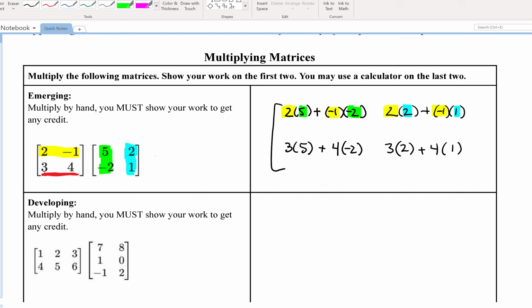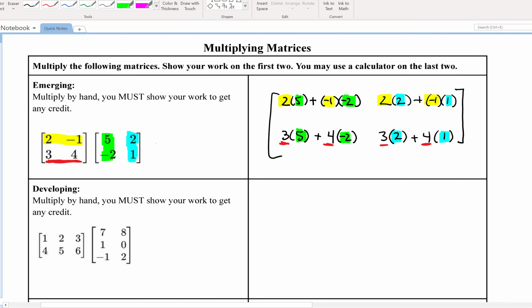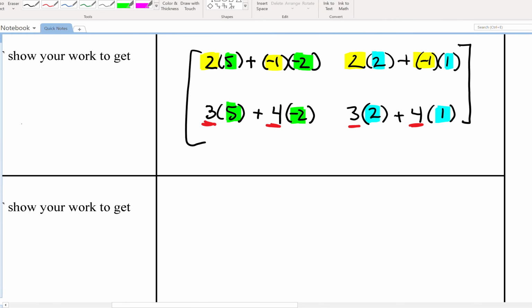And so this 2 and this 1, this 5 and the -2, and then the 3 and the 4, the 3 and the 4. And so this is what that looks like all together here. I didn't leave myself a lot of space to write my answer.